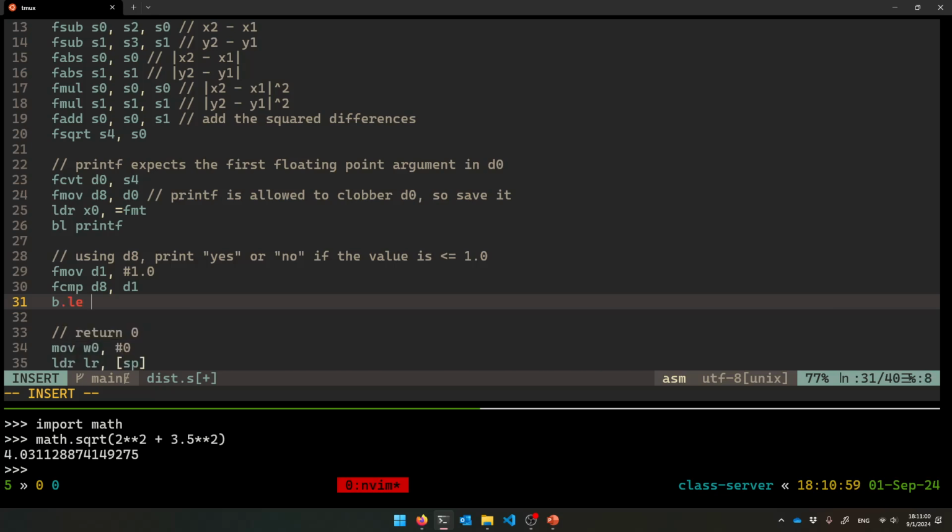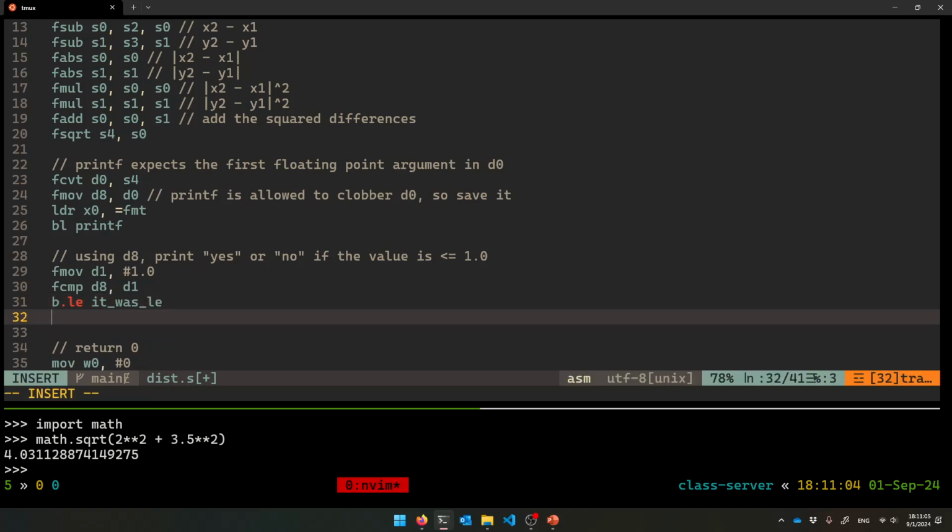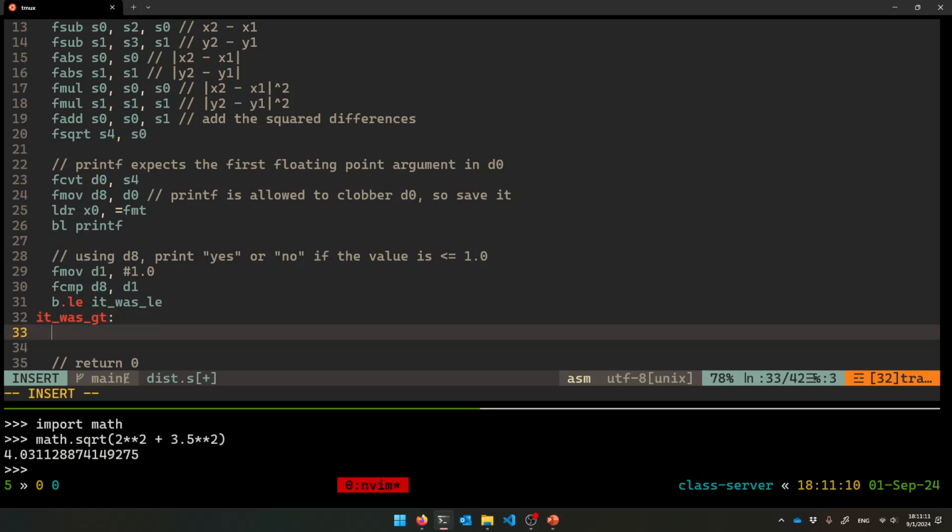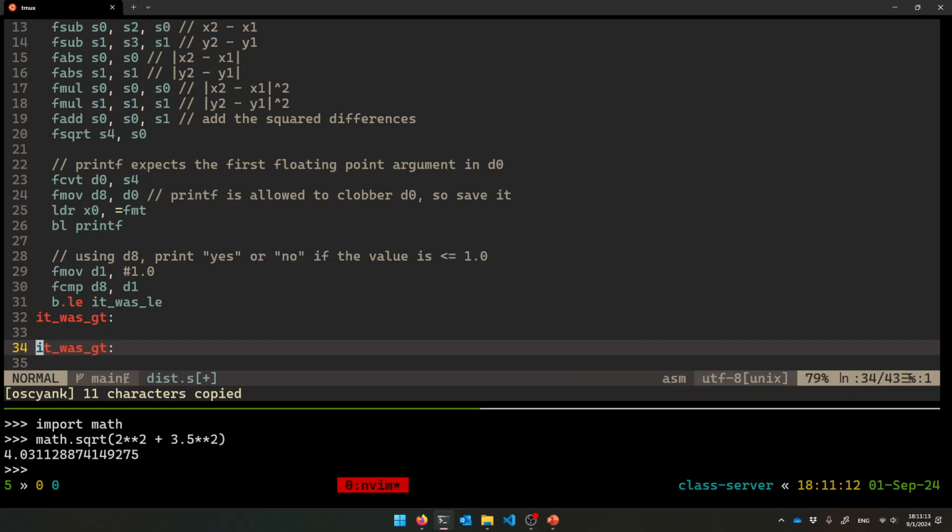BLE, it was less than or equal to, and then otherwise, if it wasn't less than or equal to, it must have been strictly greater than. All right. So if it was that one, we'll print it was greater than. Otherwise, we'll print it was less than or equal to. So let's print it was greater than first.